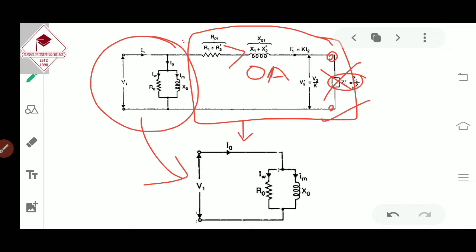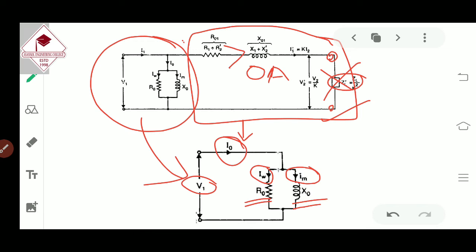Now see, this V1 voltage has been supplied, I1 current is flowing, I0, that is no load current, is flowing, and this no load current has two parts. One is the working component which is flowing through this resistance R0, and another is the magnetizing component which is flowing through this X0.